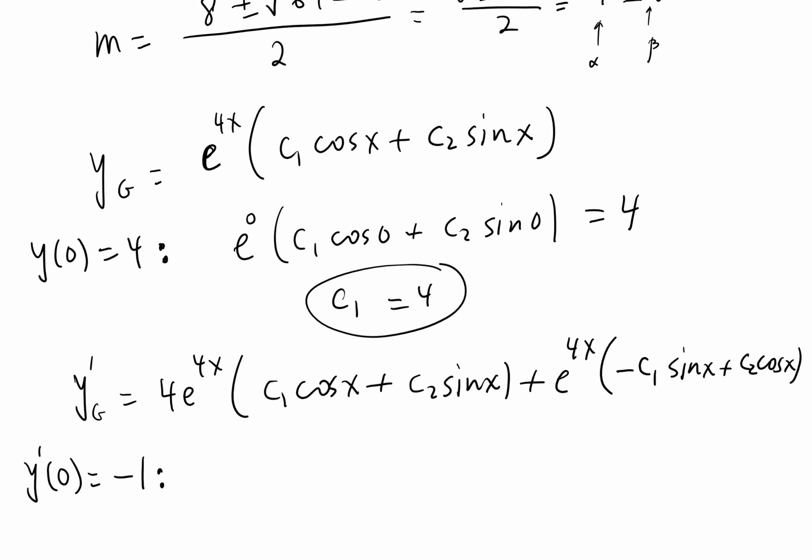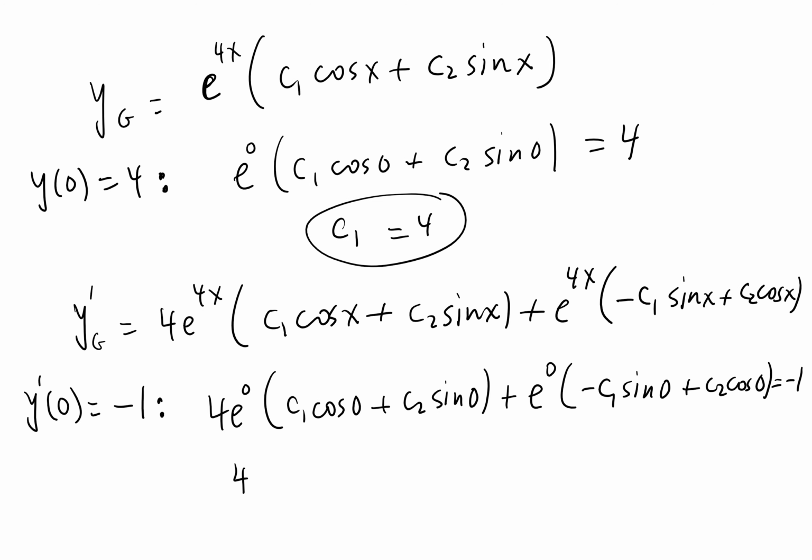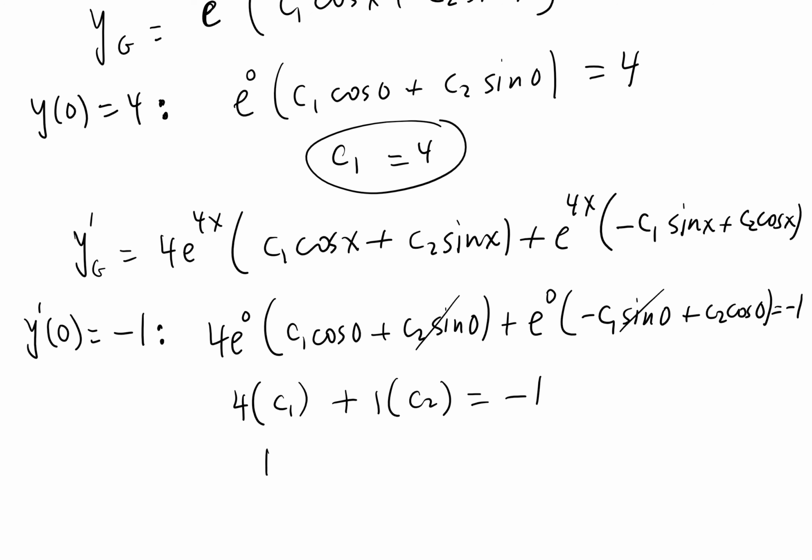We can apply to this equation 4e to the 0 times c1 cosine 0 plus c2 sine 0, plus e to the 0 times negative c1 sine 0 plus c2 cosine 0 equals negative 1. So that's a 4 cosine, this is gone, sine 0 is 0. So 4c1 plus, this is 1 here, c2 equals negative 1. But c1 we found as 4, so that becomes 16 plus c2 equals negative 1. So c2 is negative 17.